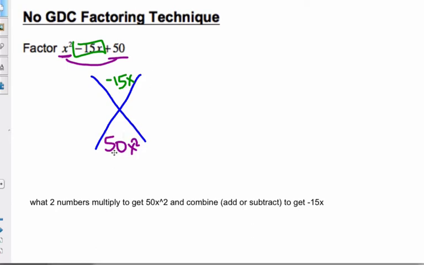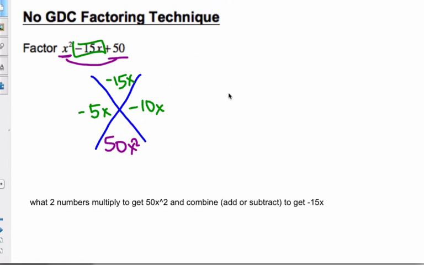If I think about multiplying first, the numbers I know that multiply to get 50 are 10 and 5. So 10 and 5 multiply to get 50, but I want negative 15. So I could say negative 10x and negative 5x. They add to get negative 15 and they multiply to get 50x squared.